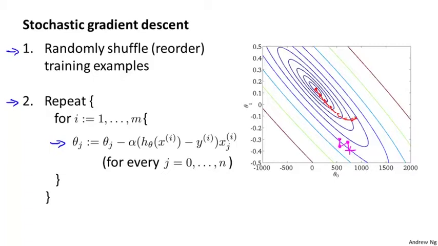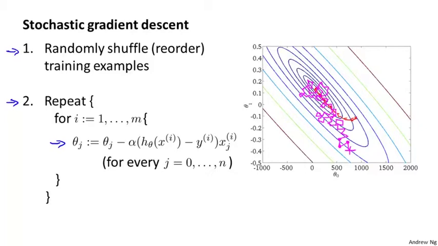And then when we look at the fourth training example, maybe we'll do that, the fifth example, sixth example, seventh, and so on. And as you run stochastic gradient descent, you find that it will generally move the parameters in the direction of the global minimum, but not always. And so it takes a somewhat more random looking and circuitous path towards the global minimum.